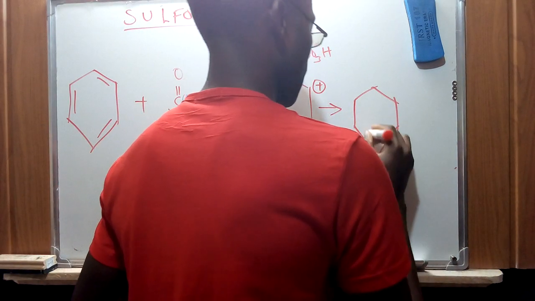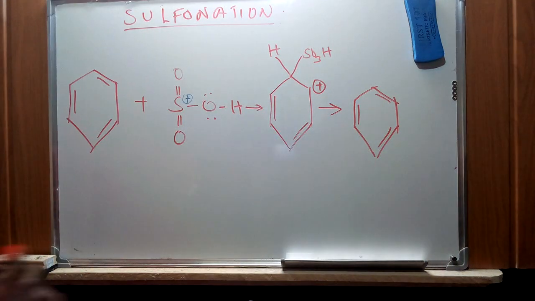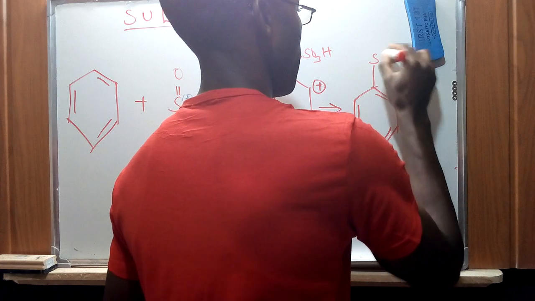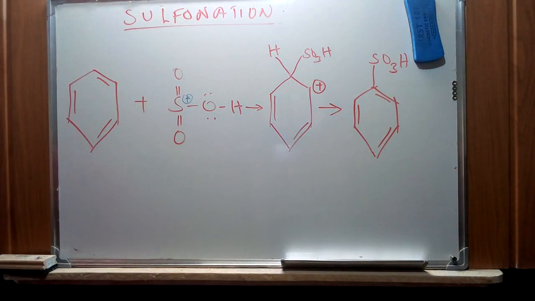And then we shall have a final product, which is, of course, H3. The whole of this process is what we call sulfonation, and the reaction mechanism that we talked about is the 3 steps of electrophilic aromatic substitution.